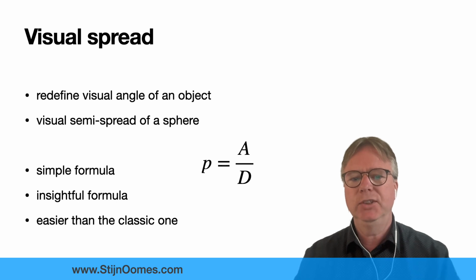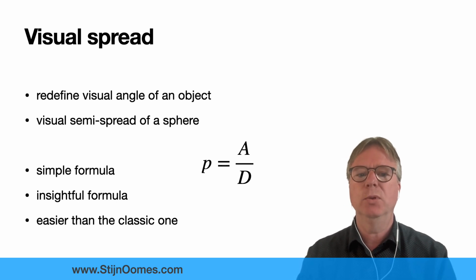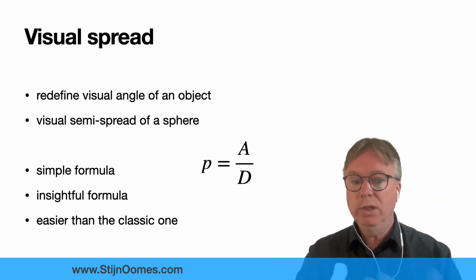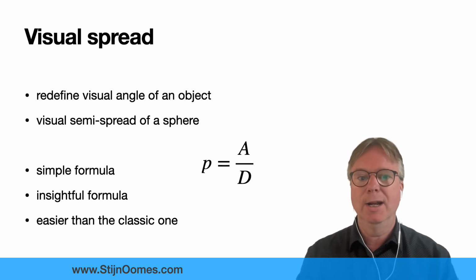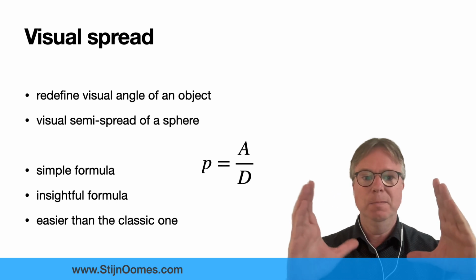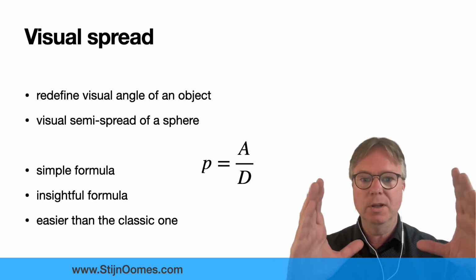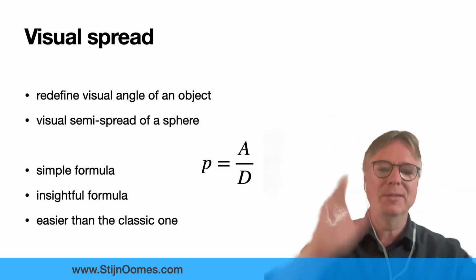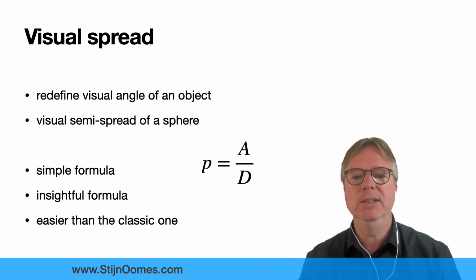And it's also an insightful formula. So for example, if you have an image of the moon, you can only know P. From that image you cannot know if it's a big moon very close or a very, very big sun far away, because P is the same.